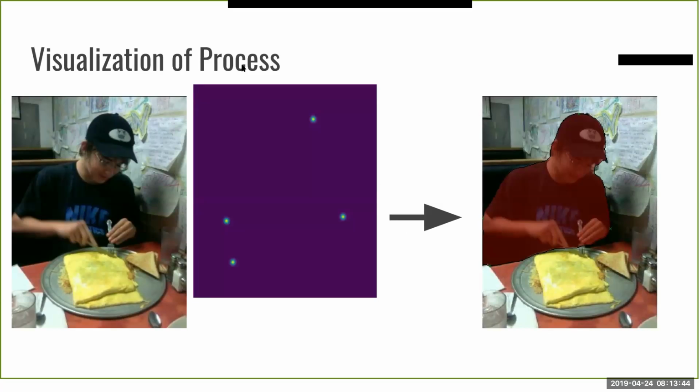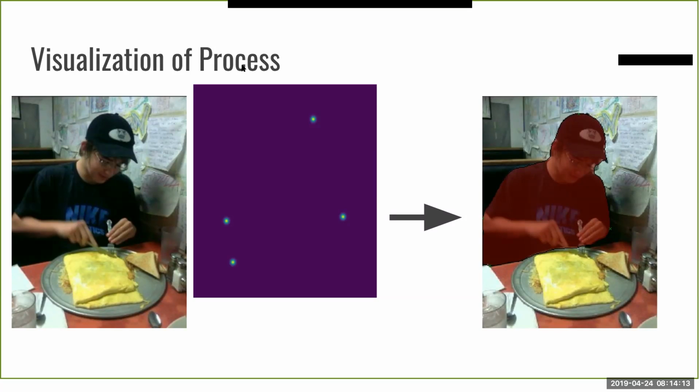Here's a visualization of the process. So you have a picture of the guy, and I tried to pick 4 points. You can see these 4 points on the image on the right, those little green X's. There's one on top of his hat. There's one at the guy's right elbow that's at the left side of the screen. There's one at his left elbow, which is on the right side of the screen.